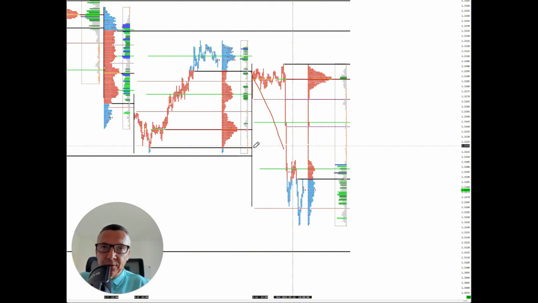The other side of value is this area here. So this is the value area low for context, and this is the value area high.